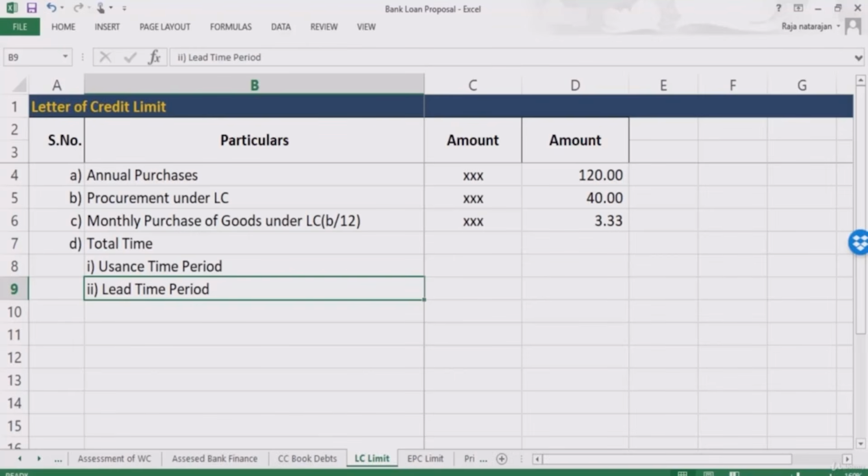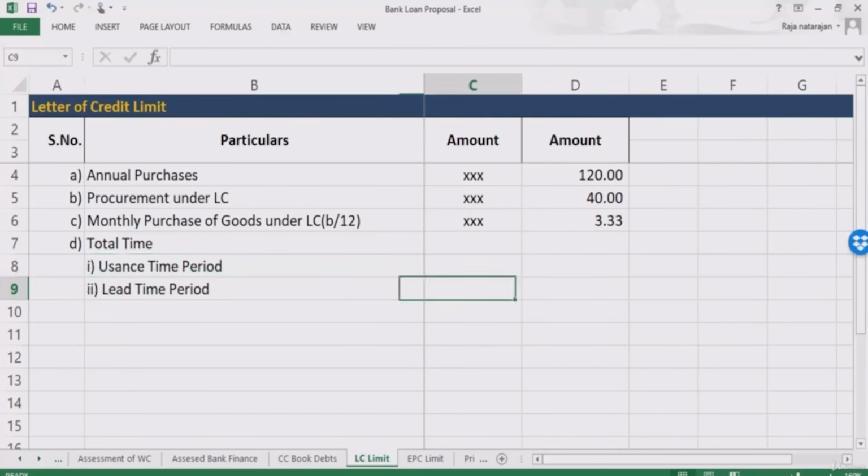Usance time period is the credit period given by the supplier to the customer. Lead time period is the time taken by the supplier to execute the order. Let's say the bank's customer has placed an order and the supplier will take 15 days to manufacture those goods, and is also giving 45 days credit.